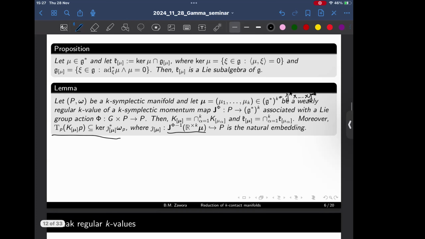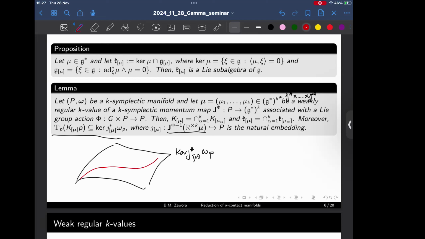In general, the whole space given by this is not generated by the tangent space to the orbit of the subgroup K mu P. So we have something like this.